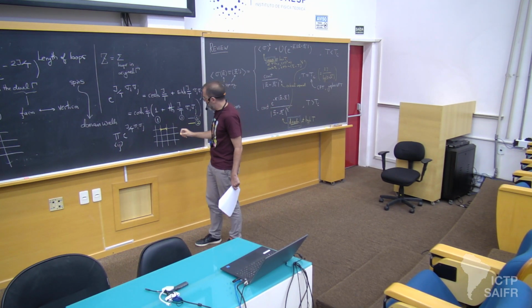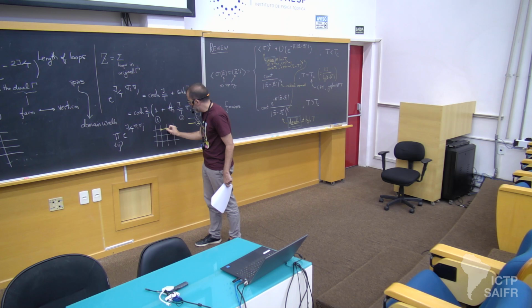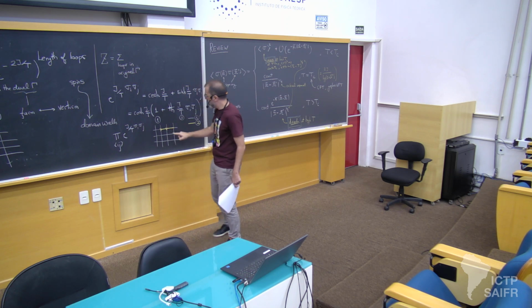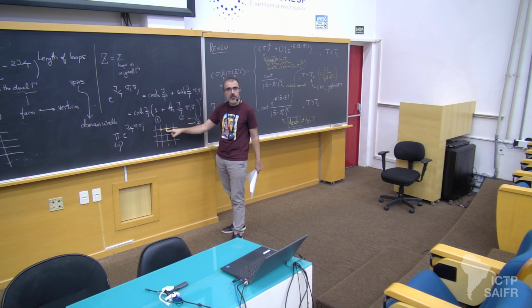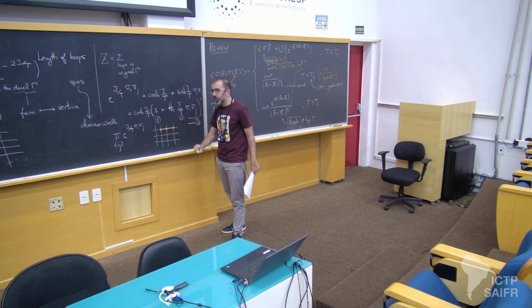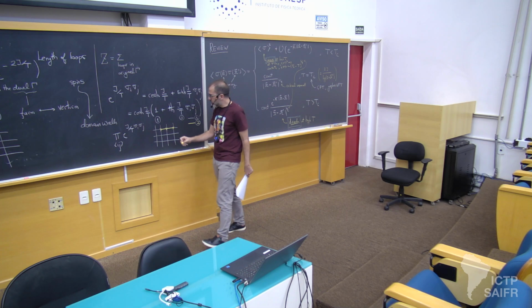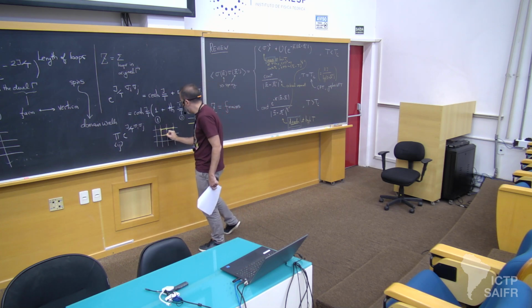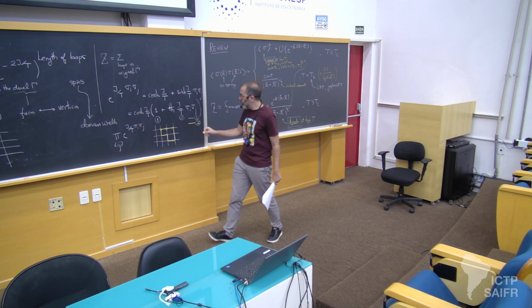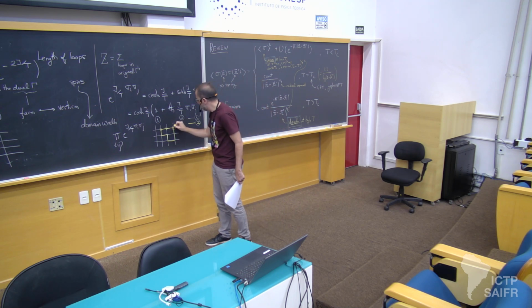So the only way I don't get 0 when I sum over this is to use, for example, this link. Because now this sigma appears twice. It appears as sigma squared. But then I still get 0 because this guy appears once and this guy appears once. So not to get 0, I must always form loops. Right? And now each sigma appears twice.